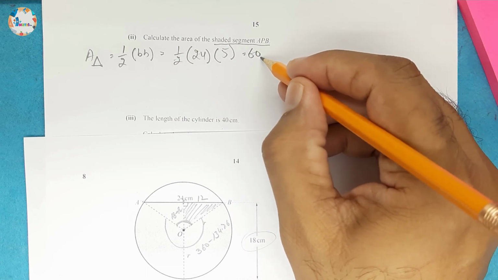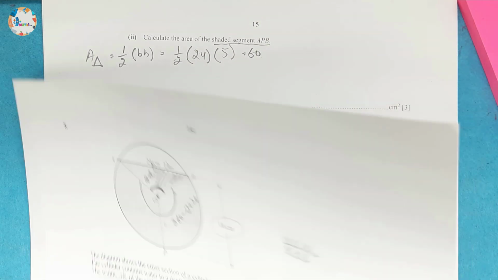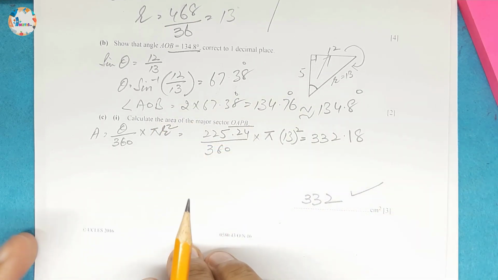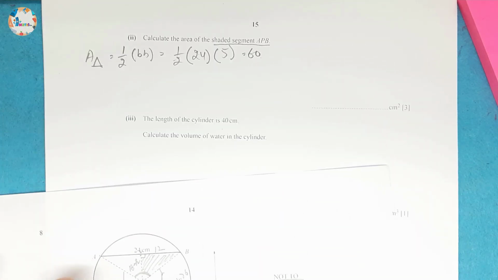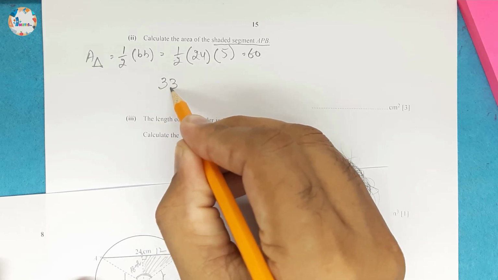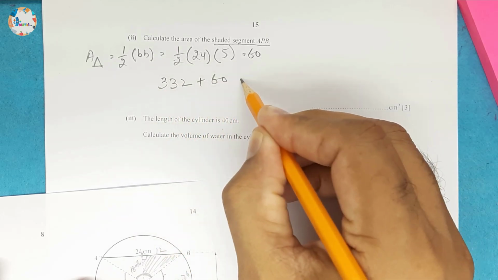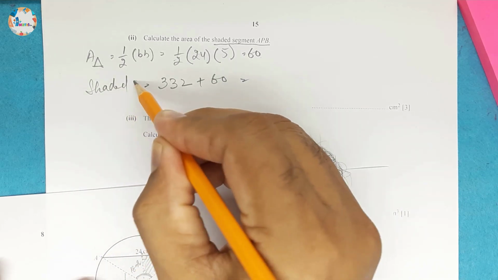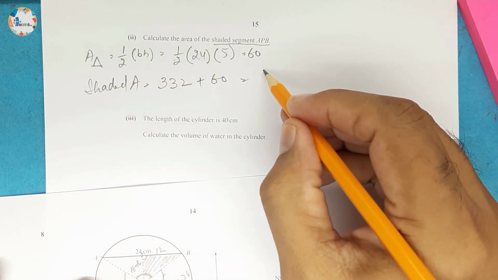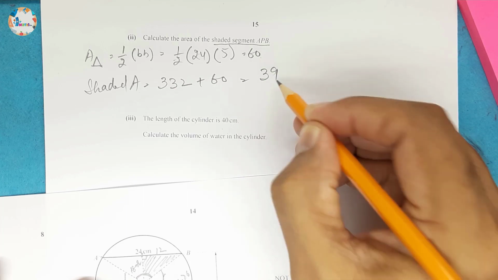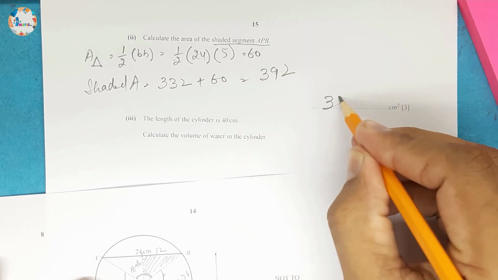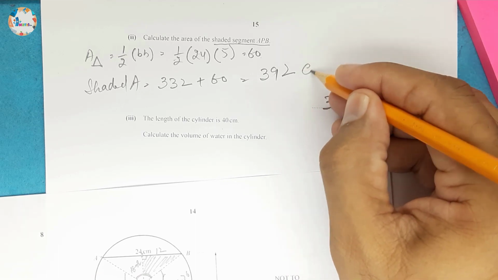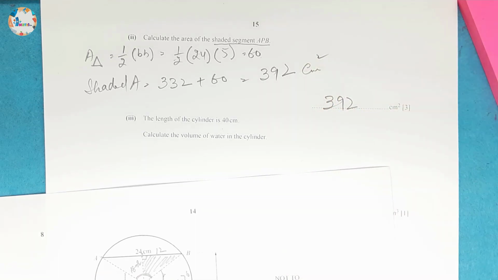This 60 we will add to the area of the major sector, 332. So 332 plus 60 will be the shaded area, which will be 392. So our answer will be 392, basically centimeter square. So this is the answer.